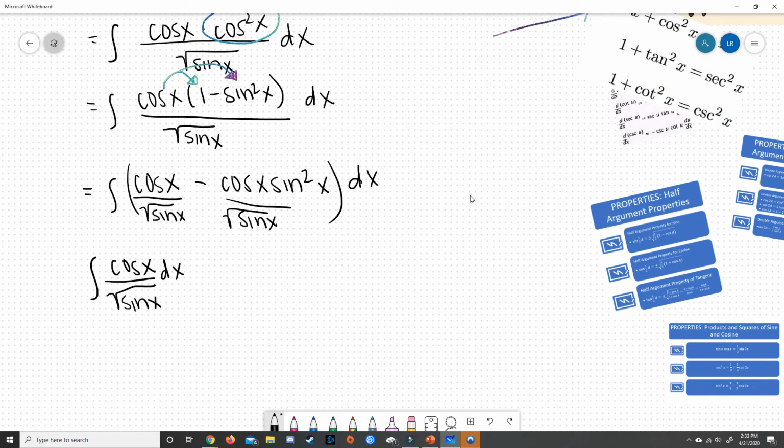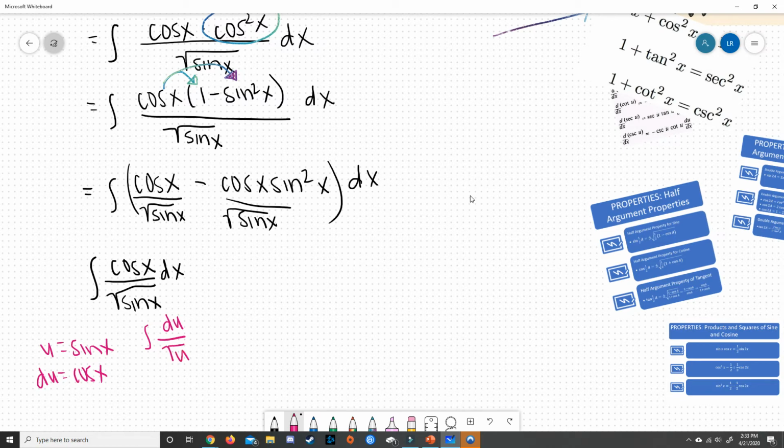And then we can figure out that our u will be sine of x, making our du cosine of x, making this entire integral the integral of du over the square root of u.